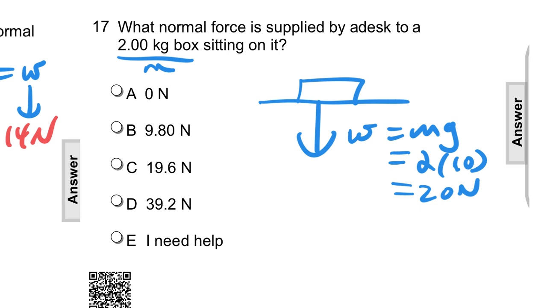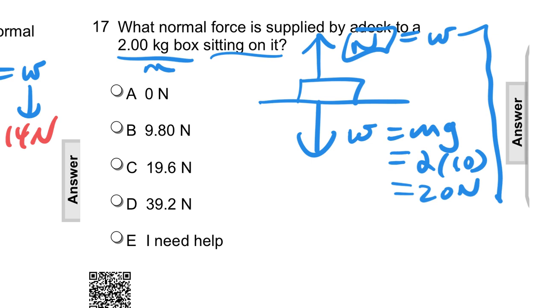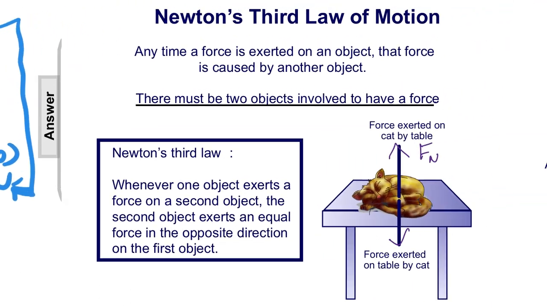So the normal force, if it's sitting on it at rest, would equal the weight, which equals 20 newtons. Okay, they say 19.6 because they're using 9.8 instead of 10 for g.